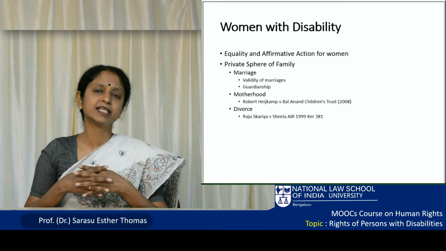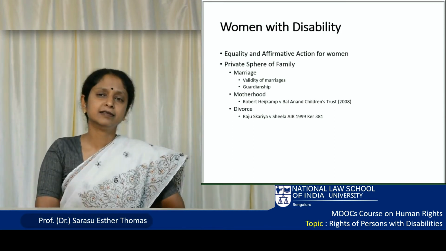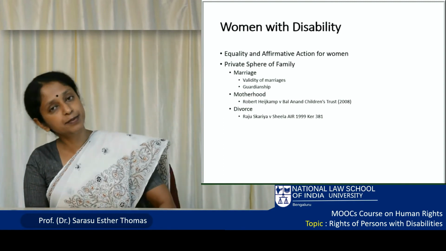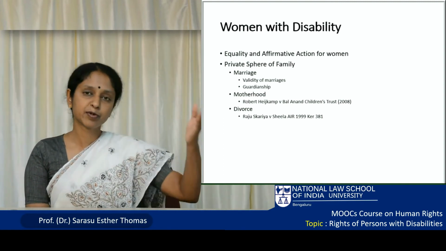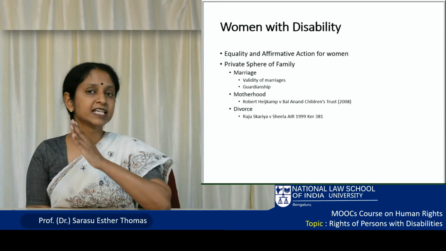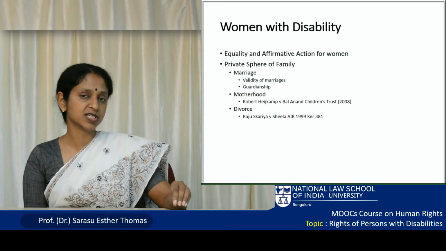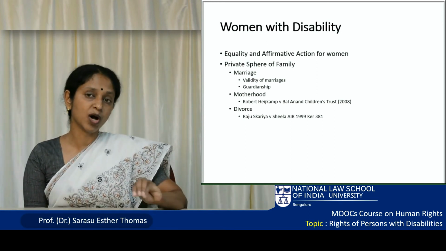Now, women with disability can be protected by the Constitution under the articles which deal with affirmative action for women. So all women can be protected, and women with disabilities can also be protected. However, we also see that under the legislative framework that we do have, you can have special provisions for persons with disabilities who are women.